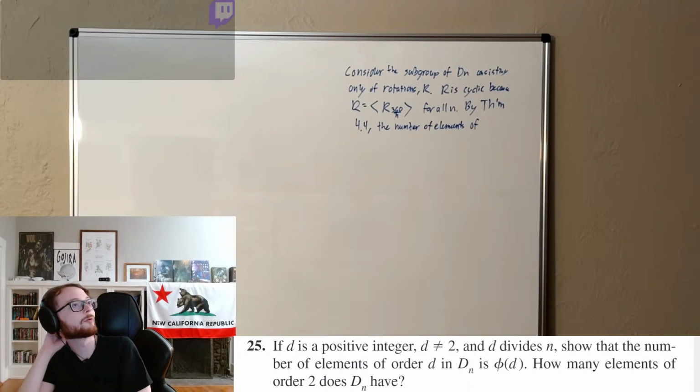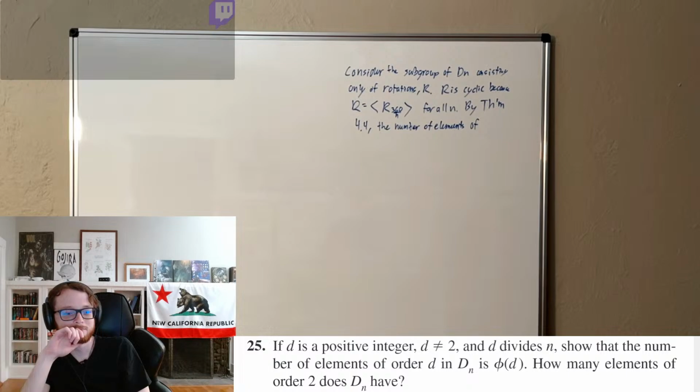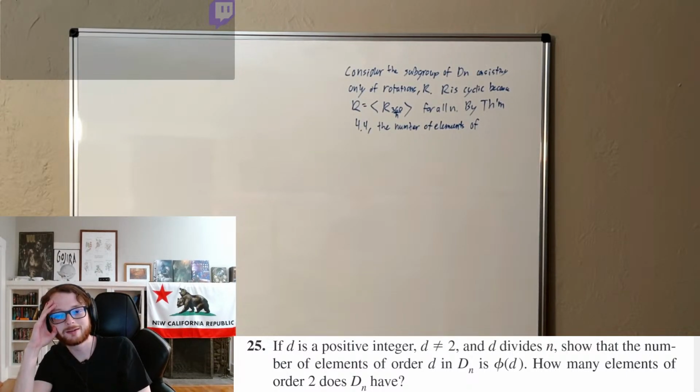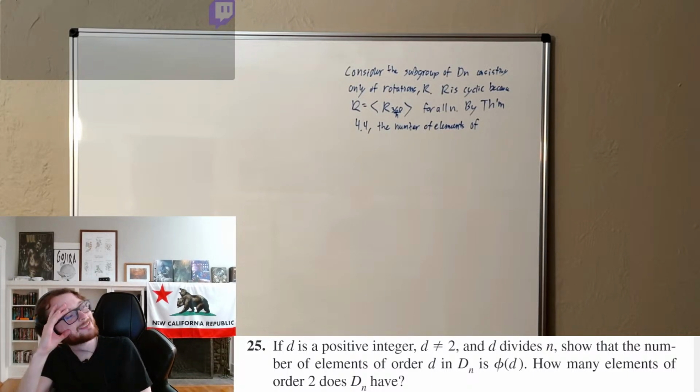Or wait, well, no. It's order n because the order of D sub n is 2n. D is a divisor of 2n. Well, D divides n. No, this is... Oh, okay. Oh my gosh. Okay.